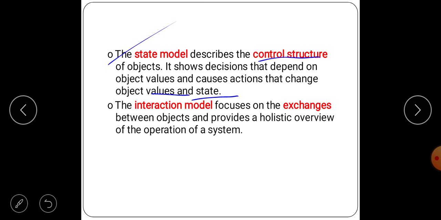The interaction model focuses on the exchange between the objects and provides a holistic overview of the operation of the system. Holistic means an overall overview of the operations of a system. It considers the system as one, and the operations in the system we see in the interaction model.